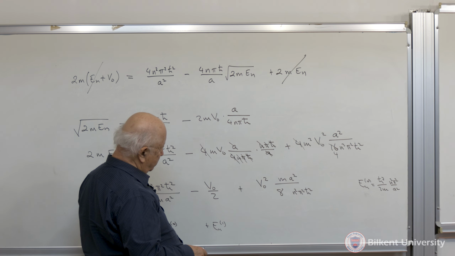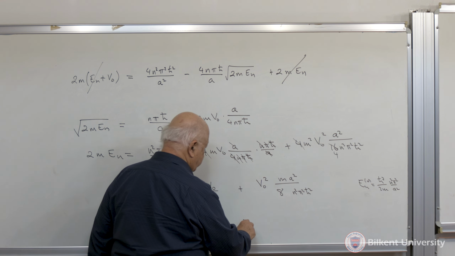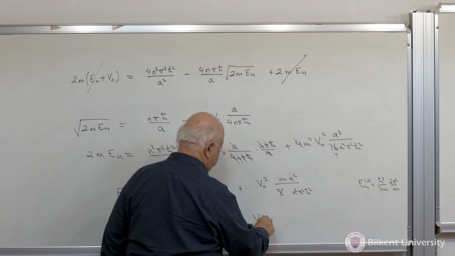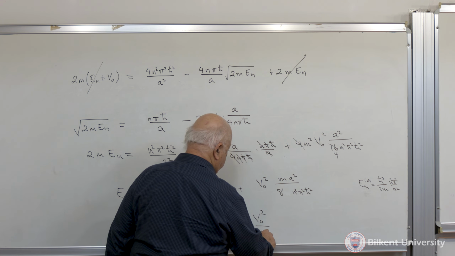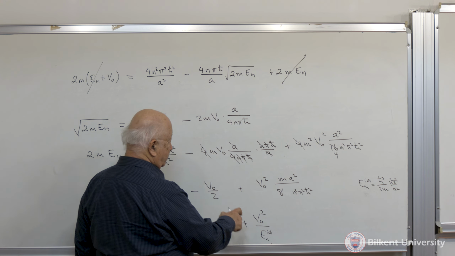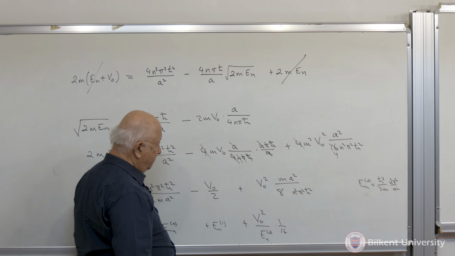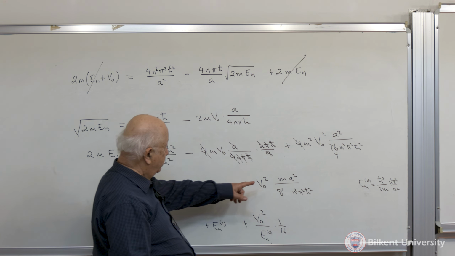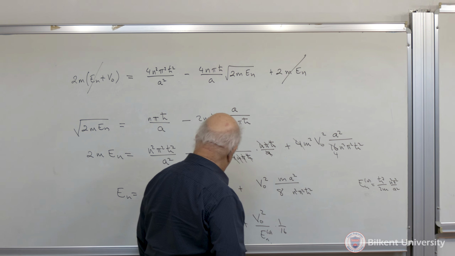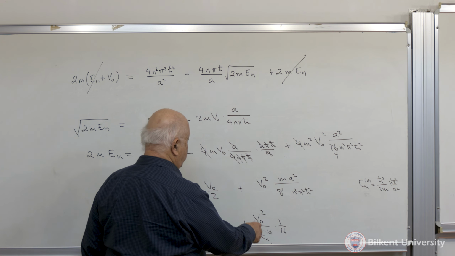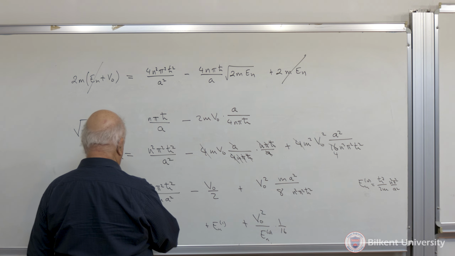So I think it's 1 over 16 or something like that. So it's going to be V0 squared over E_n0, and the factor, I think, will be something like 1 over 16, right? Because I needed 2m here. So that makes that. Okay, so that's our final result.